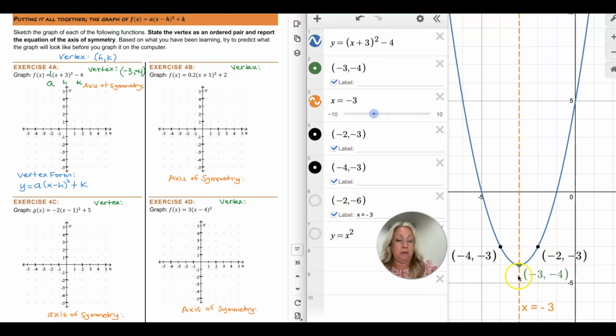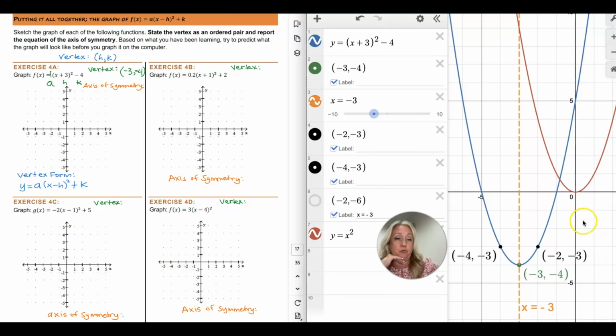So remember that the equation of the axis of symmetry is x equals negative 3 on this one. And then let's just compare this to the parent graph of y equals x squared. So if we look at this, it looks like this parabola is the same as the one that we're drawing.